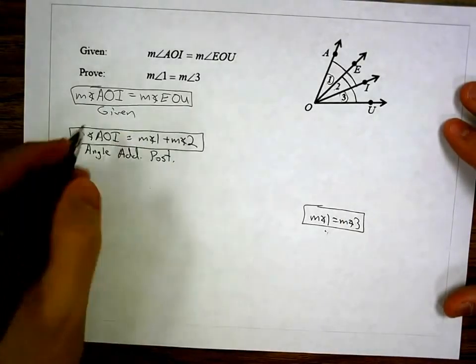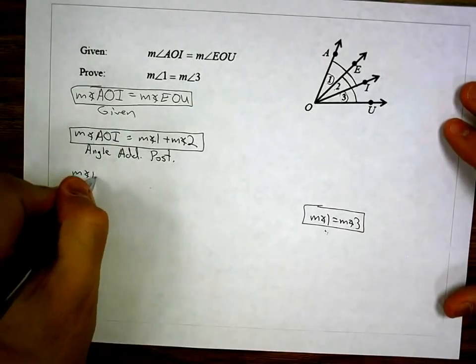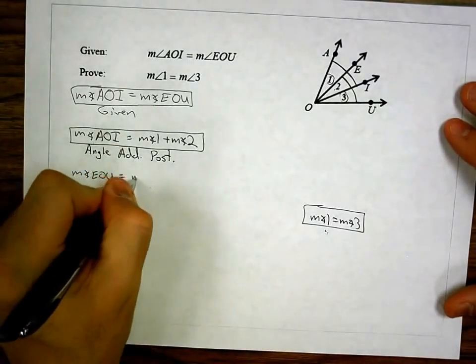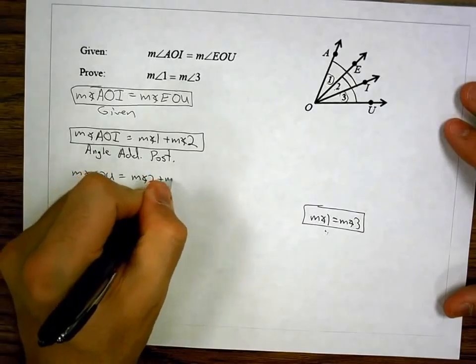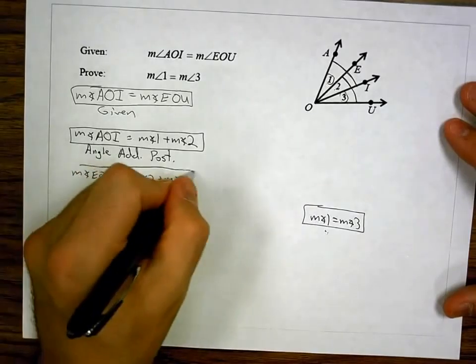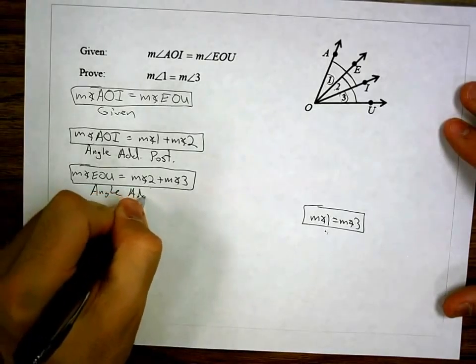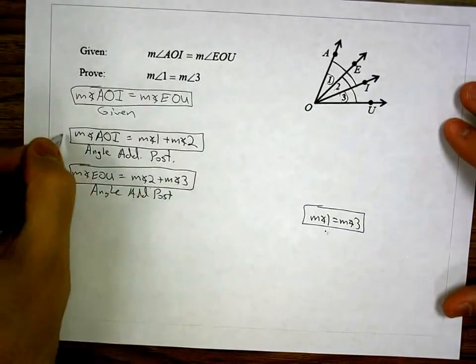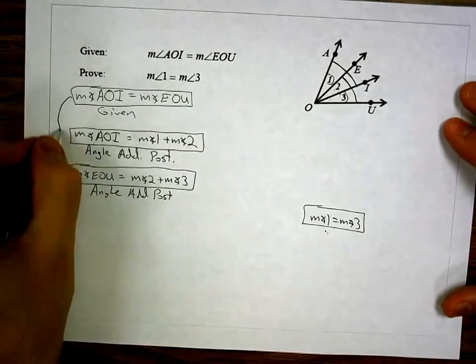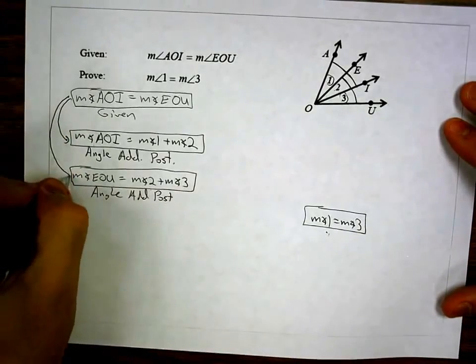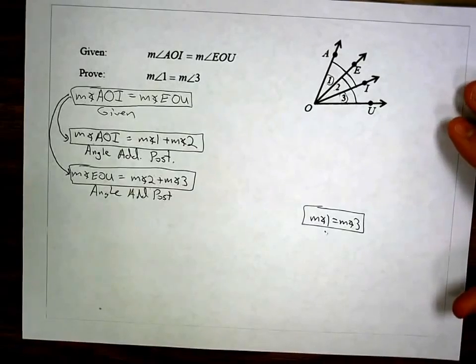Now, same idea for EOU. The measure of angle EOU is the measure of angle 2 plus the measure of angle 3. And again, angle addition postulate. So that got me to those 2 statements.